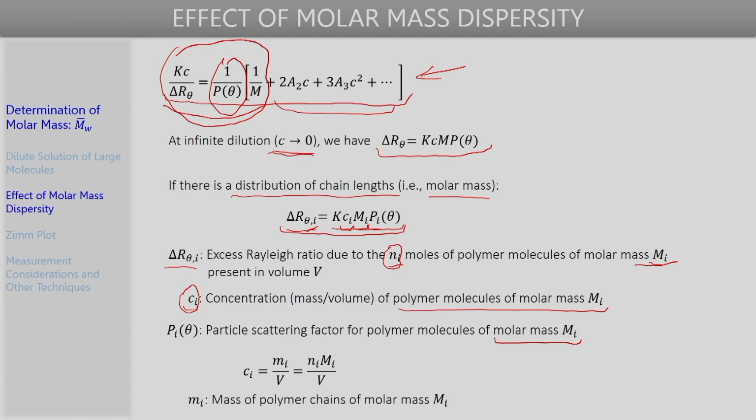Ci, the concentration that we have defined, is in terms of mass per unit volume. So the mass of the polymer molecules having molar mass Mi divided by the volume of the solution gives the concentration.